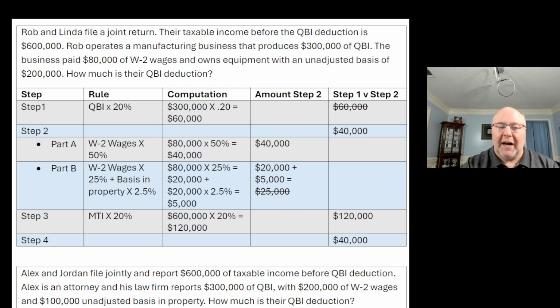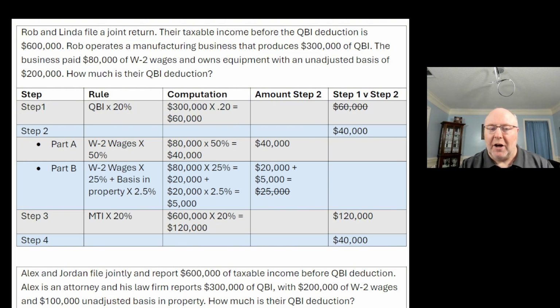Once we have figured out the greater part of step 2, we compare that to step 1, and between step 1 and step 2, we take the lower amount. Looking all the way to your right, $40,000 is lower than $60,000. So we're going to accept $40,000 for this part of it.